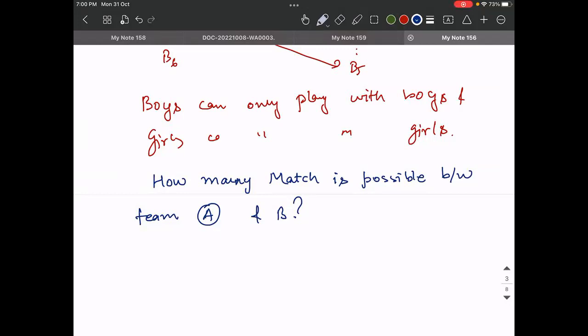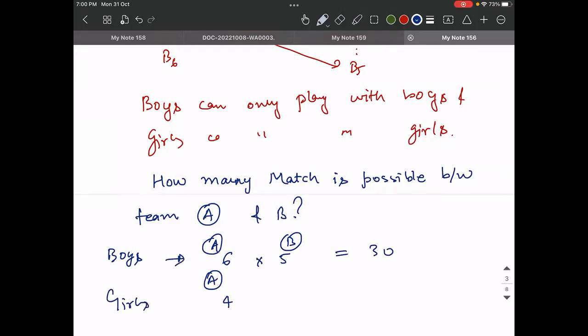See, boys will play only with boys. So there are 6 boys in team A, right? And 5 boys in team B. So these are the possible combinations of matches. So there are how many? 30 possibilities, boy versus boy. Now girl versus girl. There are 4 girls in team A, and in team B you have 3 girls, right?